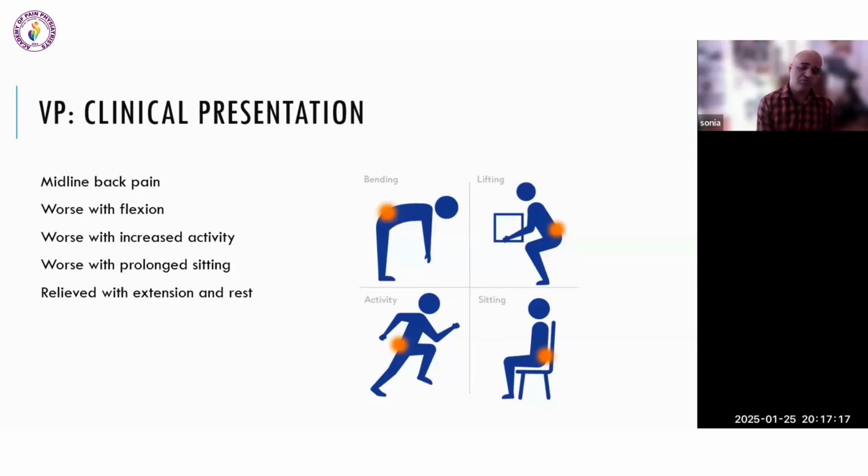To differentiate this from the other components, which are either nerve related or facet joint related, those types of pain are usually more radiating, or usually worse with extension rather than flexion. So that's the key history element that the patient tells us, which makes us think, okay, this is anterior column, this can be the disc or the vertebral end plates.